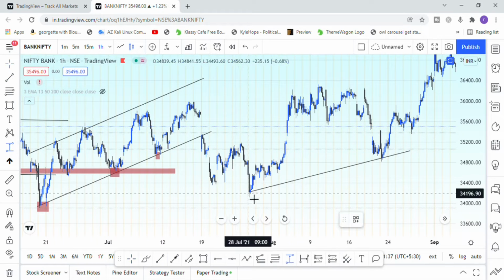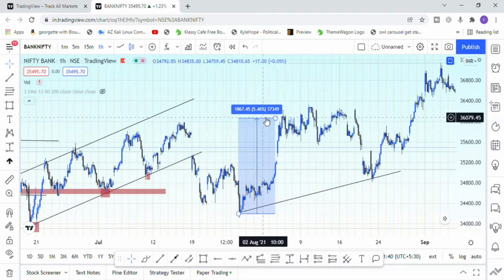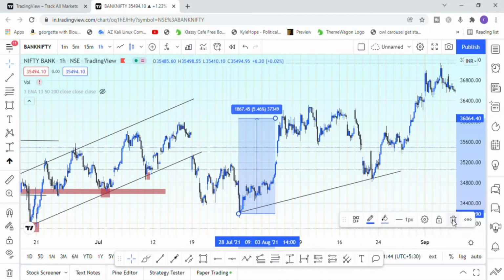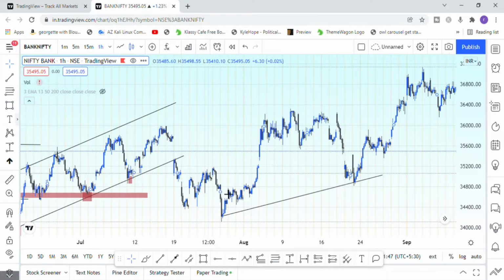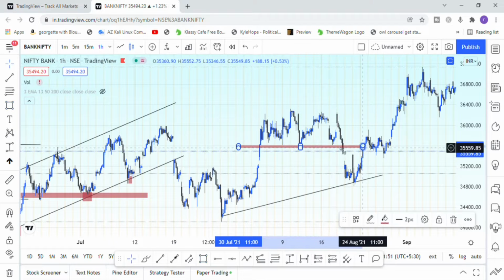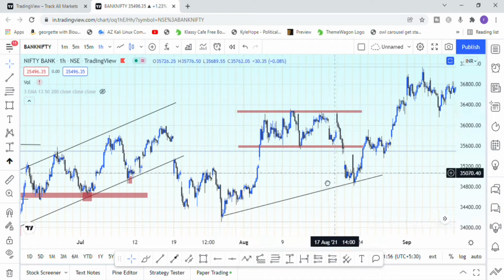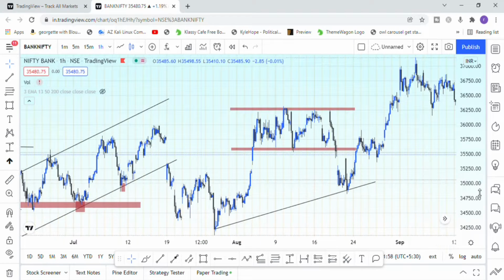But if the market travels from here to here, about 2000 points complete, then the market has to go for a consolidation or sideways. It looks like a sideways consolidation after a big move.